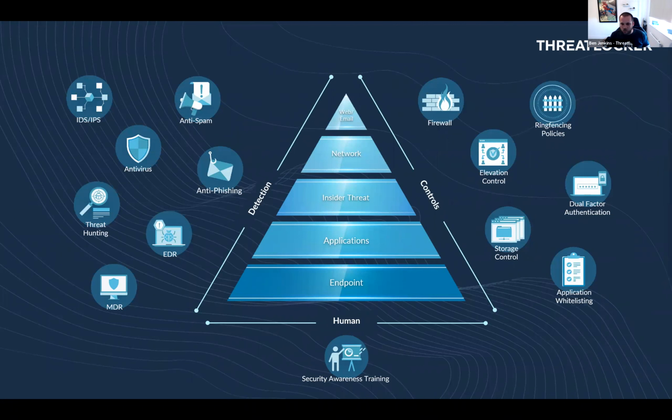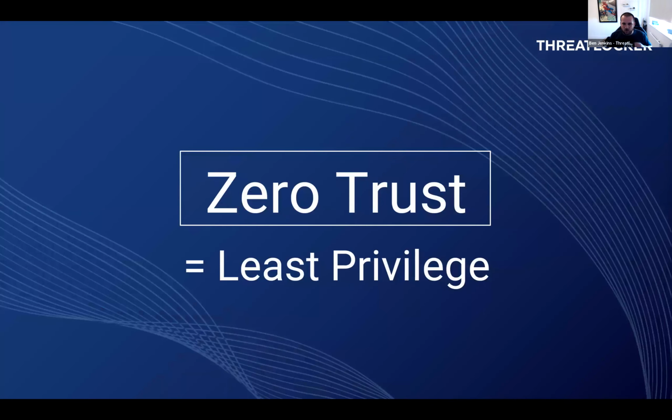And this is where zero trust sits. So what is zero trust? Zero trust is essentially the idea that we should be allowing minimal access to users and applications across our networks.